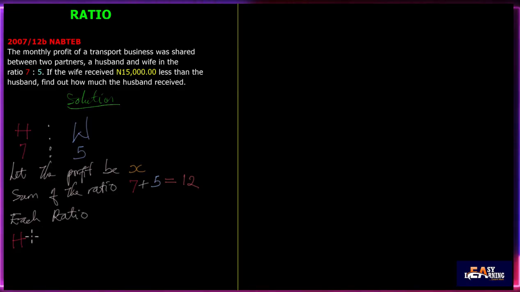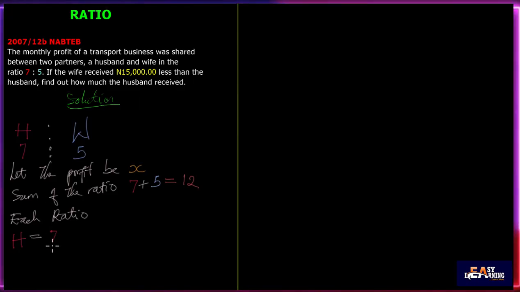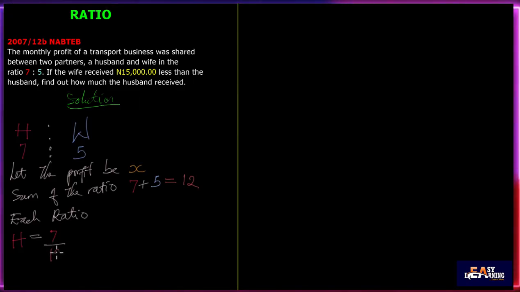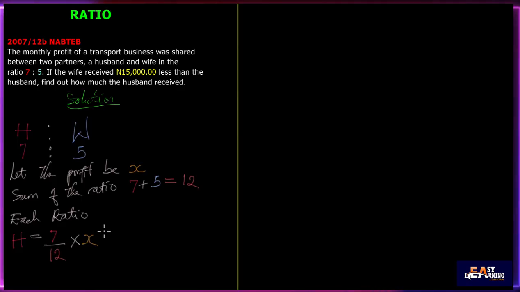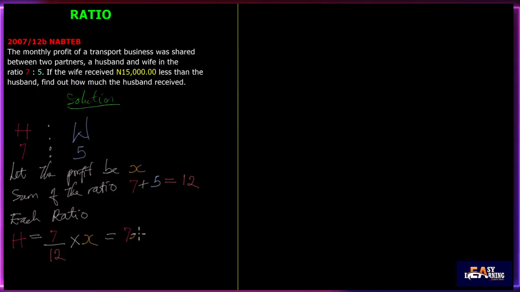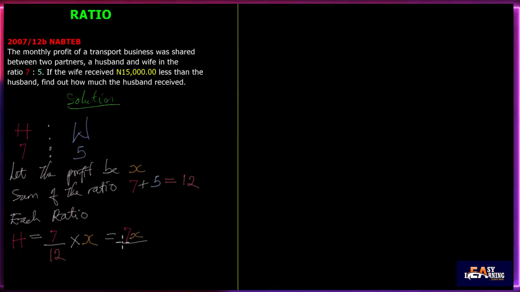So husband's ratio is now going to be 7, that's the ratio of the husband, all over the sum of the ratio, that's all over this 12, times the profit, that's times X. If we solve that out, 7 times X gives us 7X all over 12.